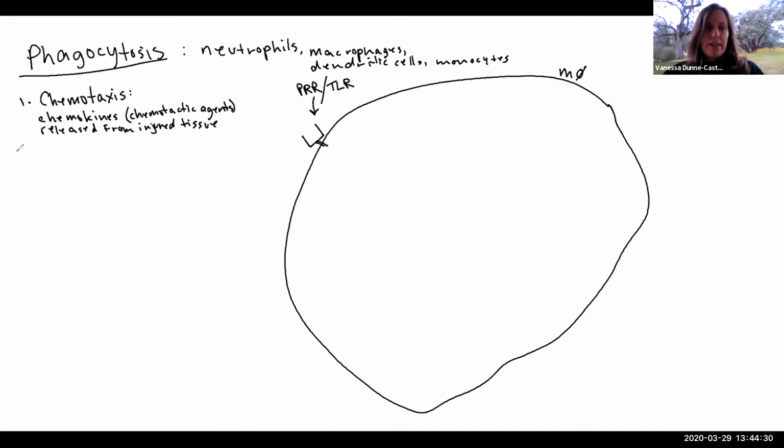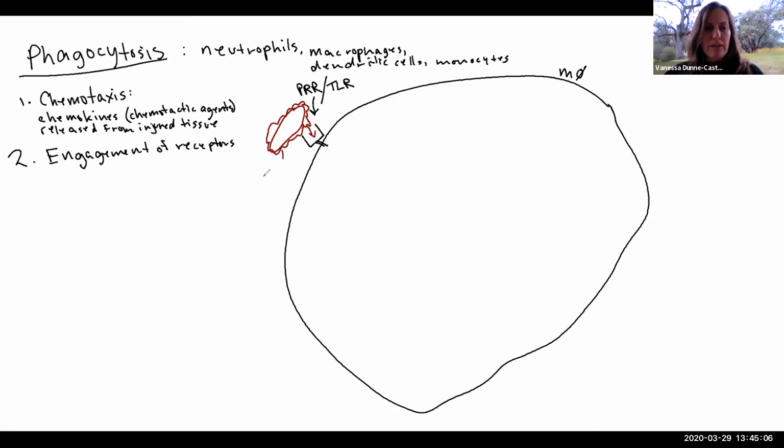Once they arrive, then we have the binding, right? Engagement of receptors. So there must be physical contact. And again, this is one of those places where I'm going to say, I'm sorry if you ever take a future class, because this is not exactly true, but we're going to keep it simple, right? And let's say that this guy has that lipopolysaccharide layer or something, and it engaged this receptor.